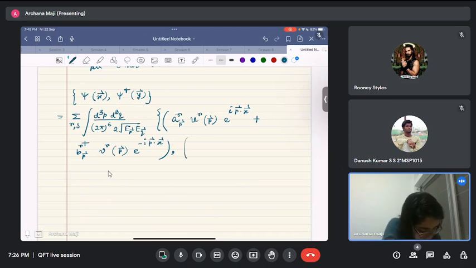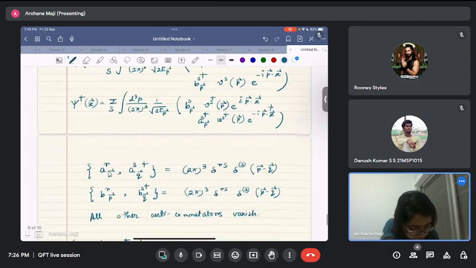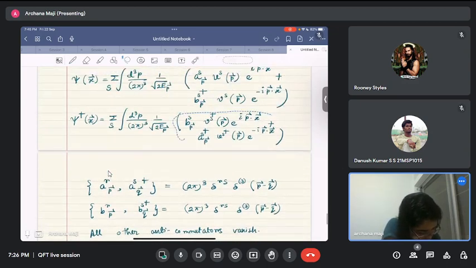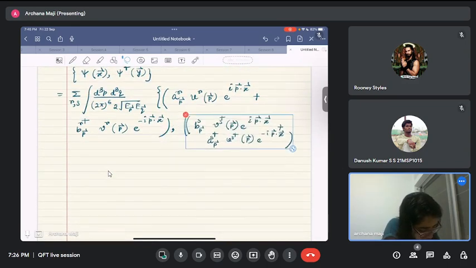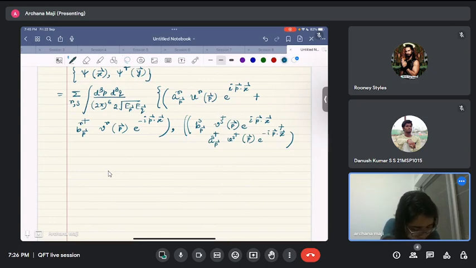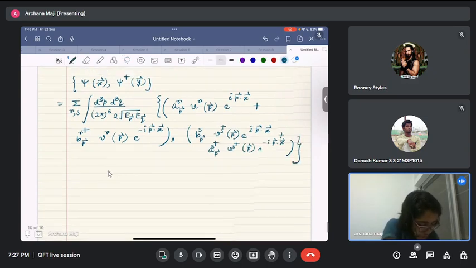And for psi dagger, let me copy this. Okay, so we are performing this anti-commutation.